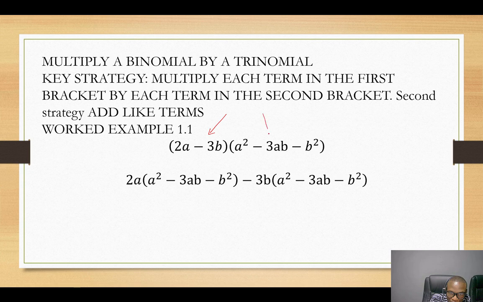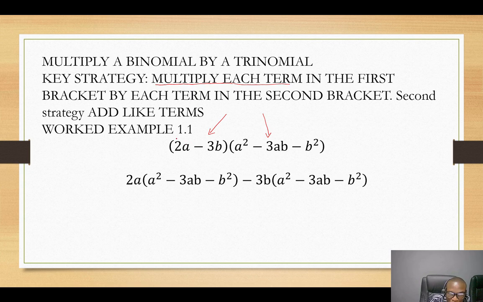Here we have a trinomial. So I'm multiplying a binomial with a trinomial. The question is, how do I do this? I said multiply each term. This is my first strategy now. Multiply each term in the first bracket by each term in the second bracket.